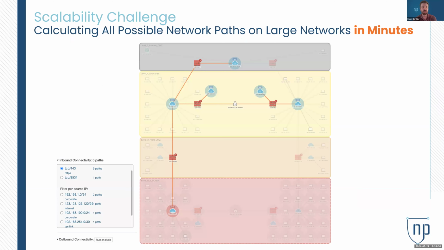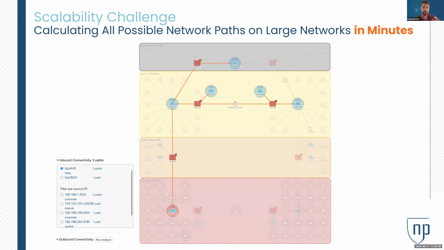A key feature around this modeling capability is to compute and calculate all possible network paths in the network. What you see on this screenshot is an example network with 8 firewalls and 4 different zones: the untrusted zone at the top, and the SCADA or trusted zone at the very bottom. So it's a typical Purdue model.